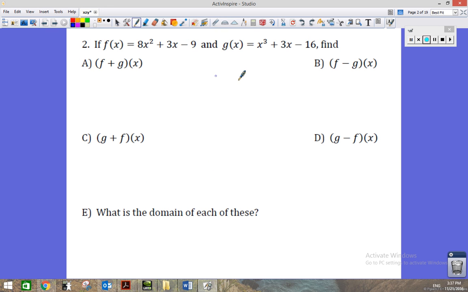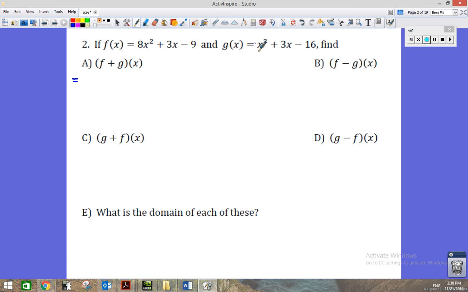So here in A, B, C, and D, it's the same idea. Here it's asking us to add this new function. They're giving it the name f plus g of x, but also through that name it's just telling me to add these two functions together.